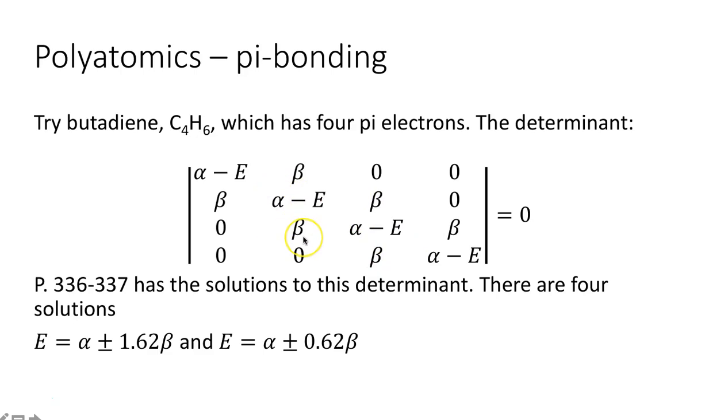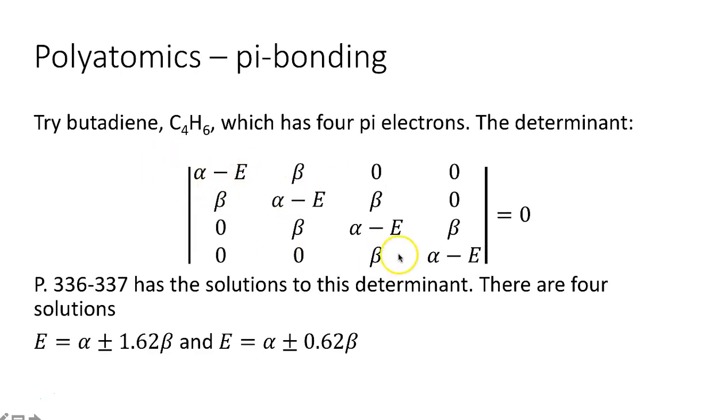Now this is a 4x4 determinant, and as I said, you can solve this, and actually, in this case, because so many of these elements are zero, this is a relatively easy 4x4 determinant to solve. There's an example problem on page 336 and 337 that shows exactly how to solve this, okay?